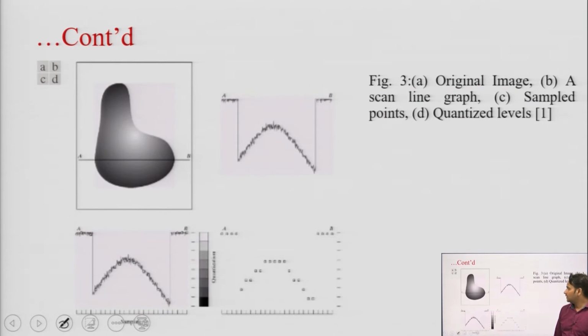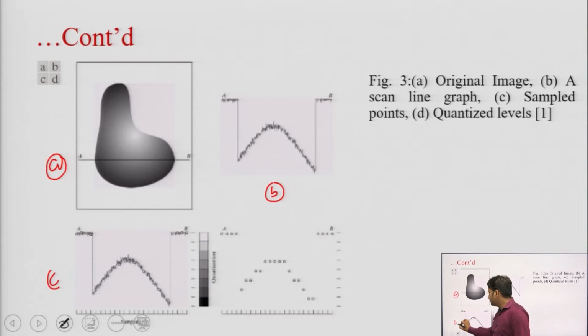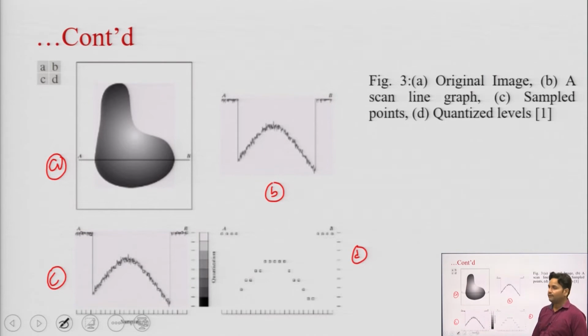Okay. Now, come to this diagram. Here this is the A diagram, okay. This is the second diagram, that is B, this one is C, and this one is the fourth diagram, that is D. Okay.